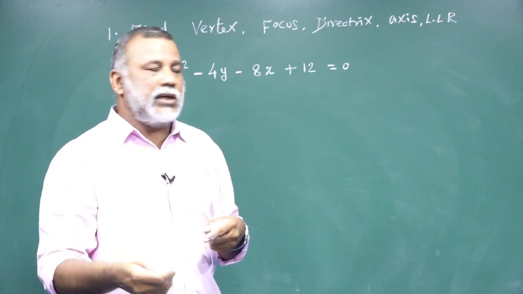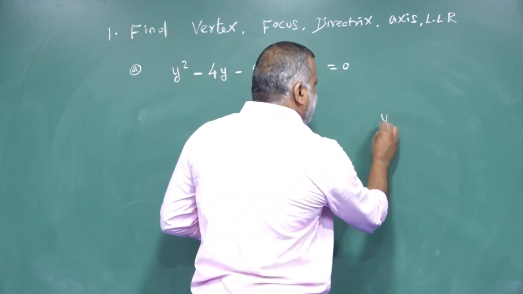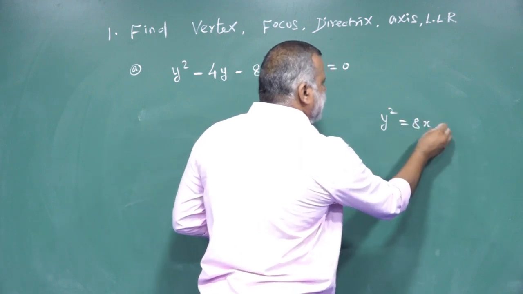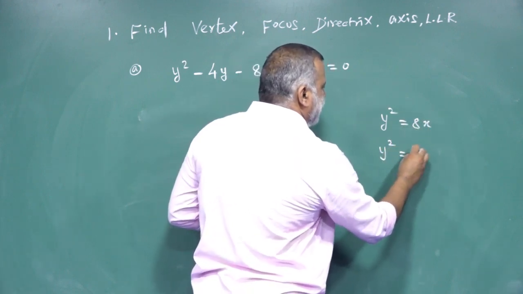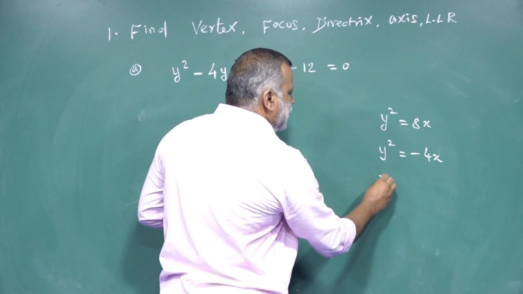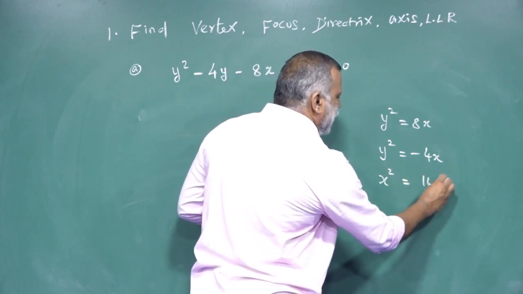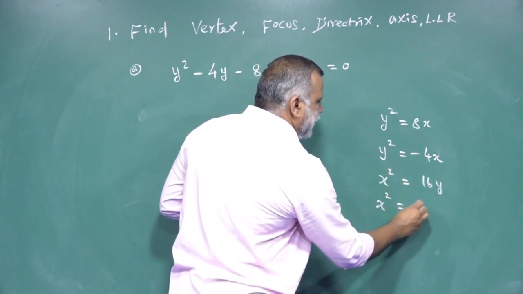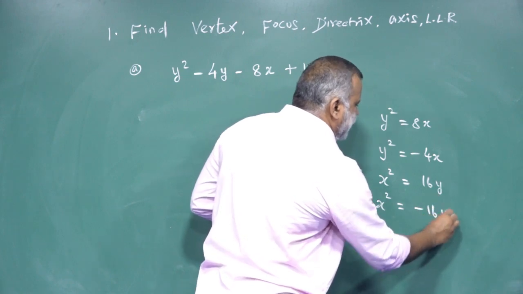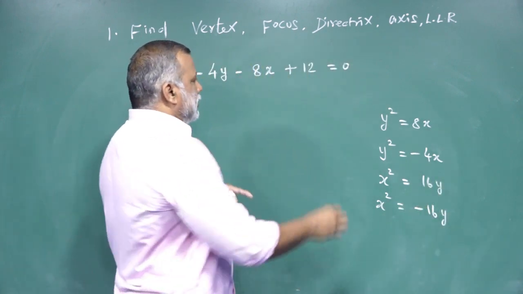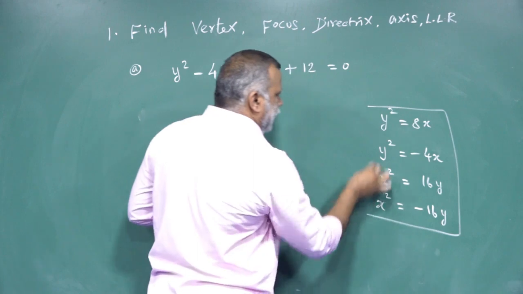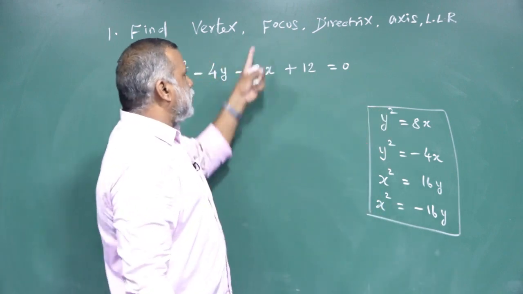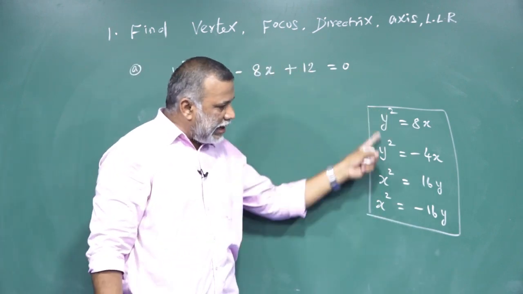See, for example, like this, y squared equal to 8x, y squared equal to minus 4x, x squared equal to 16y, then x squared equal to minus 16y. Like this, the question may be asked under these equations.